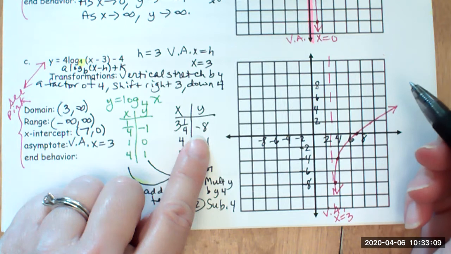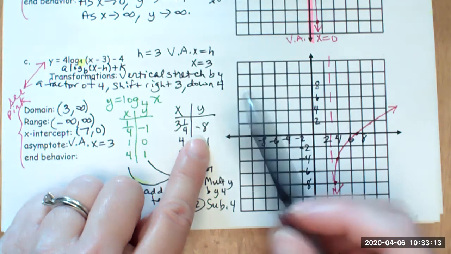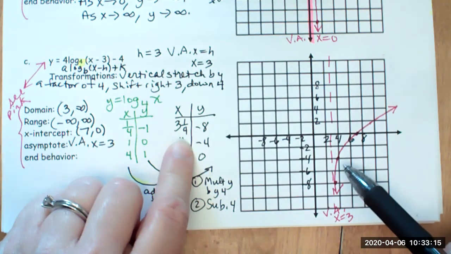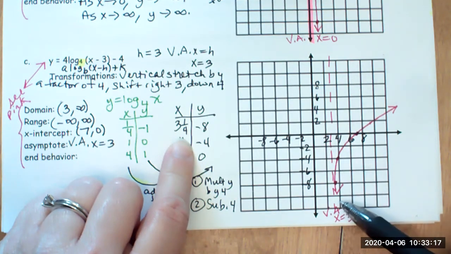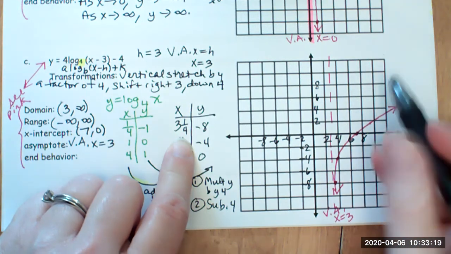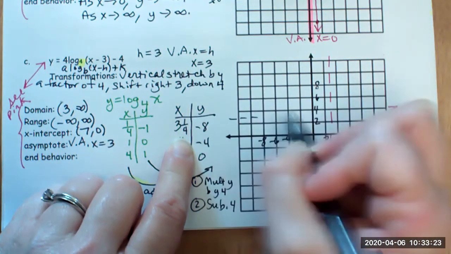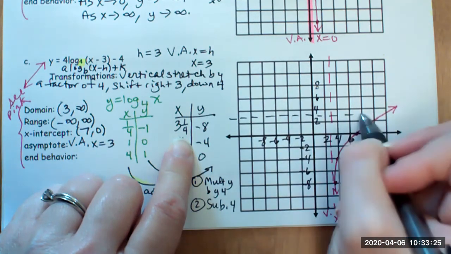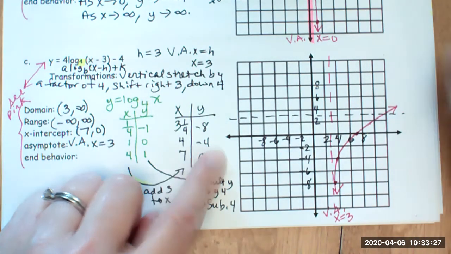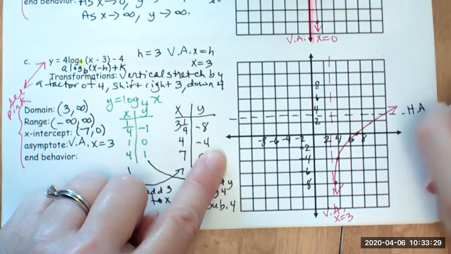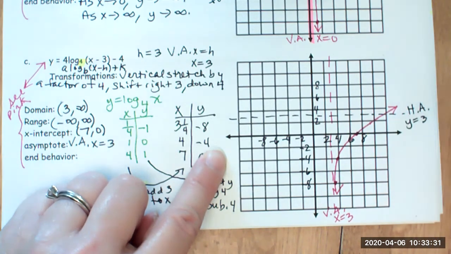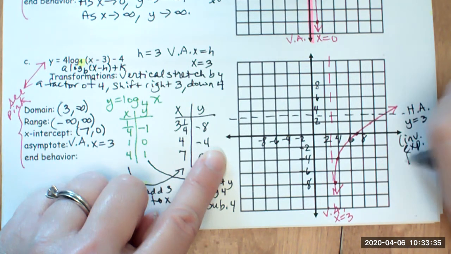So the asymptote is going to be at y is equal to 3 because the vertical asymptote was at x equals 3. Okay, so here's that. We have a horizontal asymptote at y equals 3, and that's for the inverse exponential function.